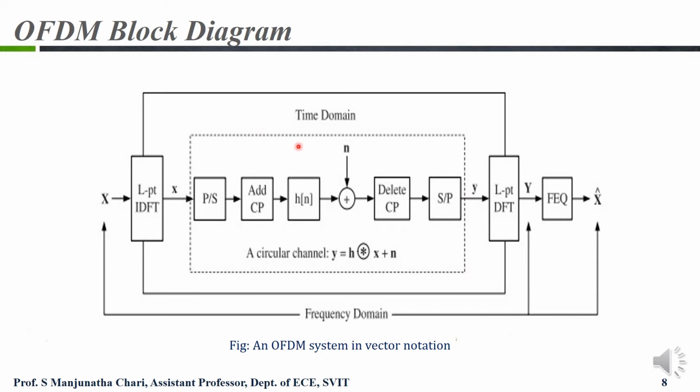The conversion is done over here, and here we will be using an L-point DFT in order to convert from frequency domain to time domain, and we are using parallel to serial converters so that we can add the CP easily with the codes.